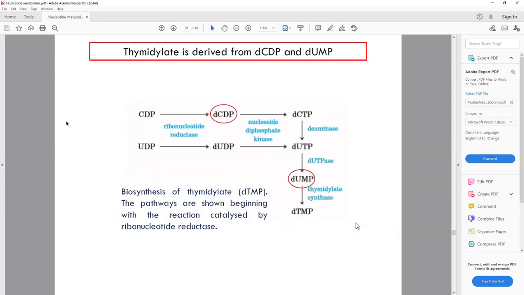Okay, so this is another simple pathway to look at, the biosynthesis of thymidylate, which is the deoxyribonucleotide dTMP. Basically, from a ribonucleotide, let's say CDP, how can we synthesize deoxyribonucleotide?